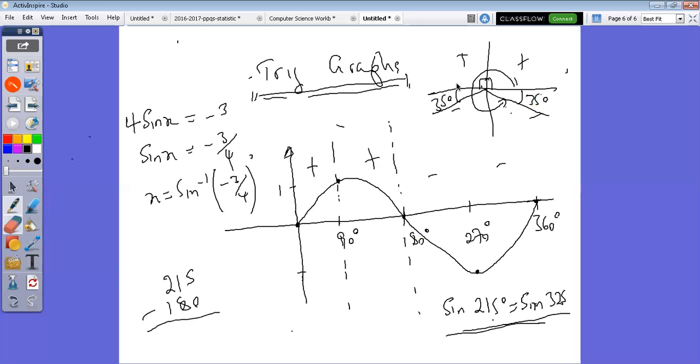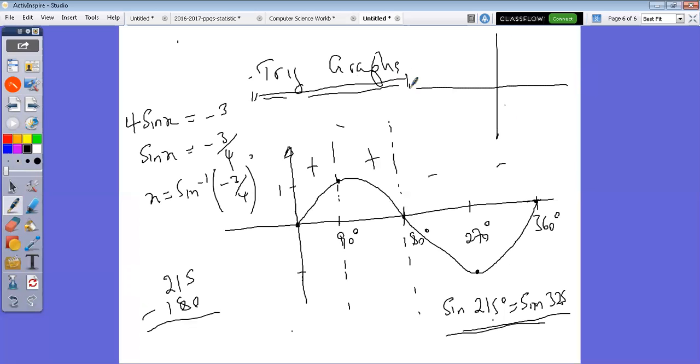Do you know what you do now? I'm sure you have an idea, because it's negative in the third quadrant and fourth quadrant. So it simply means 48.6 here.